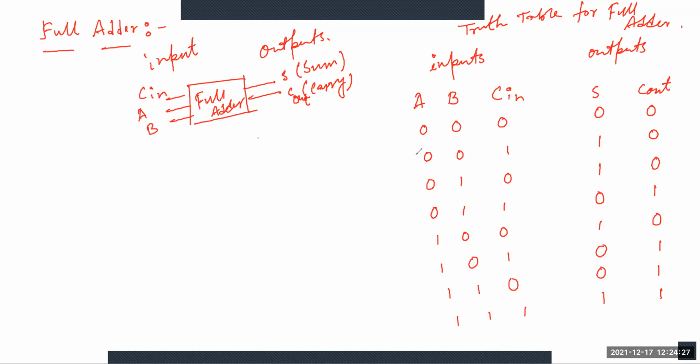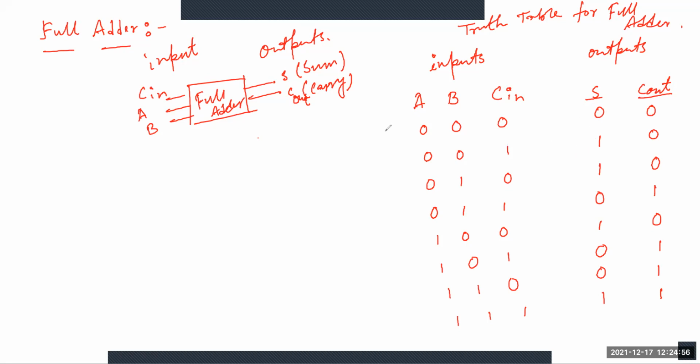Okay, so from this truth table here you can see there are 8 possible input combinations for these 3 inputs, and for each case the sum and the carry out values are listed here, this is the sum column and this is the carry out. From the truth table the logic expression for sum can be written by summing up the input combinations for which the sum is 1.